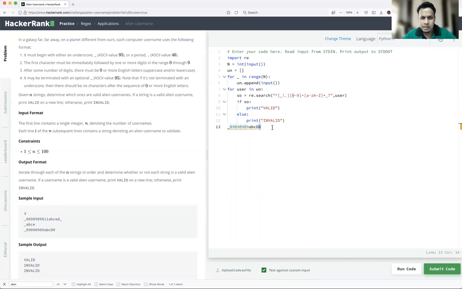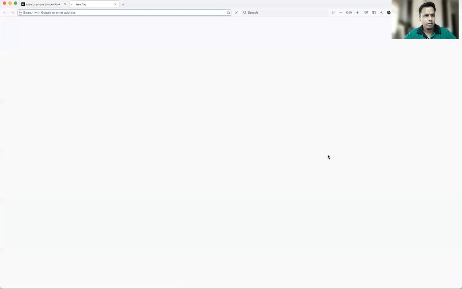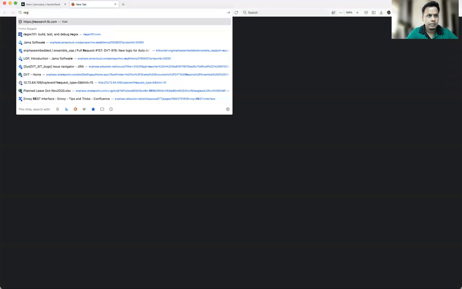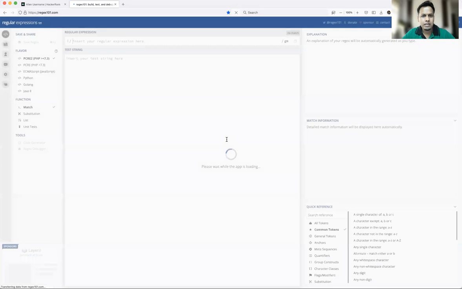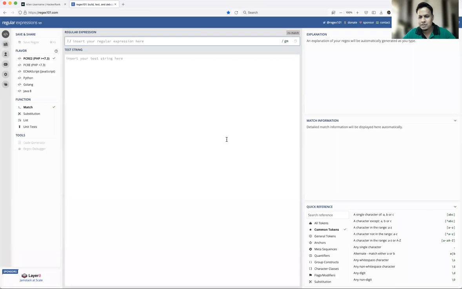Let me talk about this in detail. So guys, those who are going to learn regular expression or want to get mastery on that, I'll suggest one site called regex101.com. This is one of the best sites to become a master in regular expression by trying in any language. I work with Python, so I'll take Python.